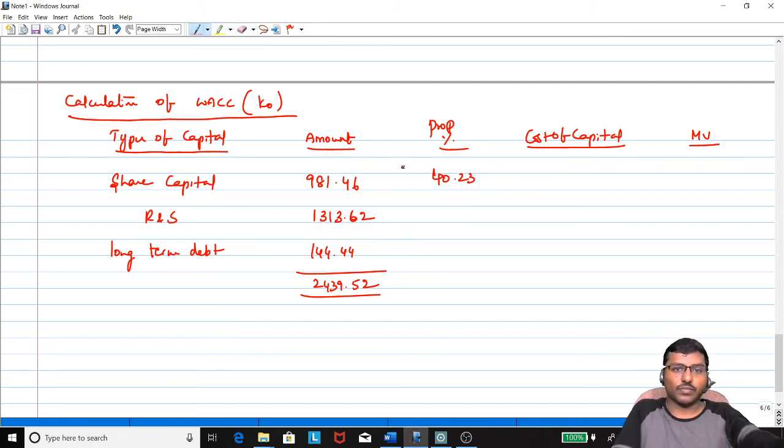Next, 1313.62 divided by 2439.52 into 100. 53.85, right? Next, 144.44 divided by 2439.52 into 100. 5.92.